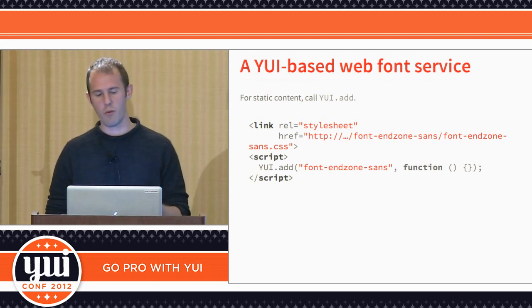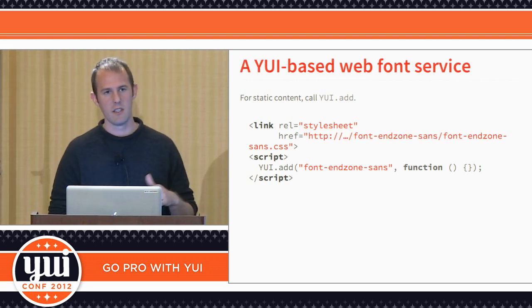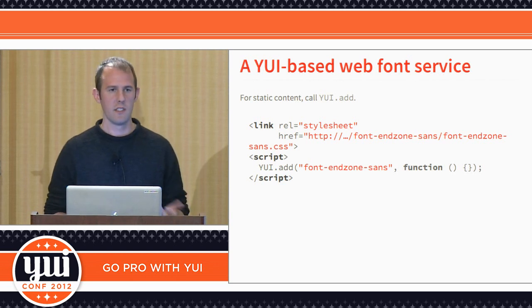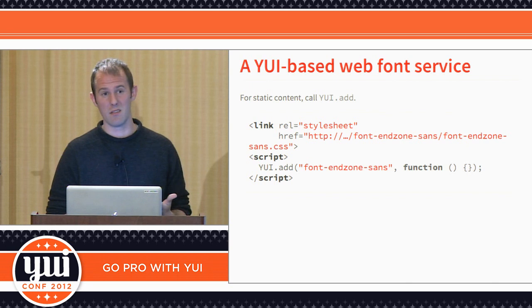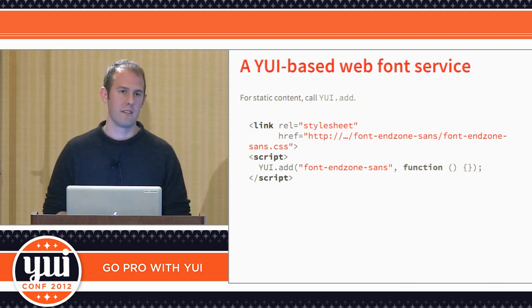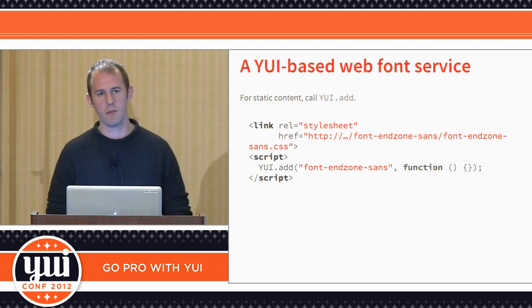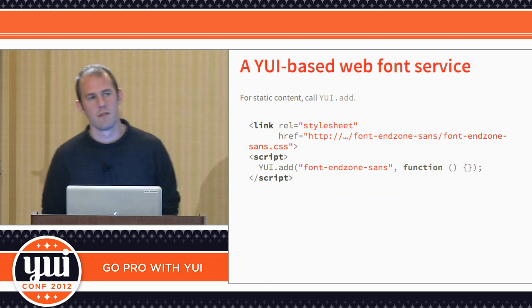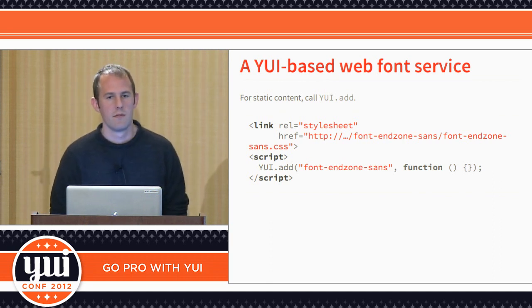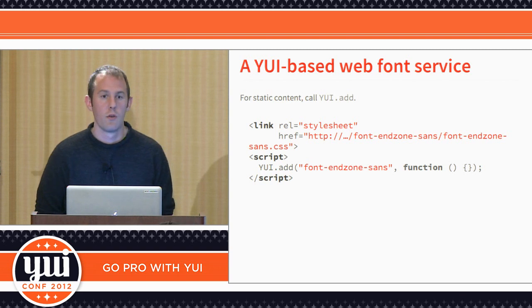Then by calling YUI.add on the page and passing in an empty function, YUI registers that module as already loaded and doesn't go get it again. Oh, so you had trouble with it reloading? Right, yes. This prevents you from loading the font file again after the font has already been loaded on the page.